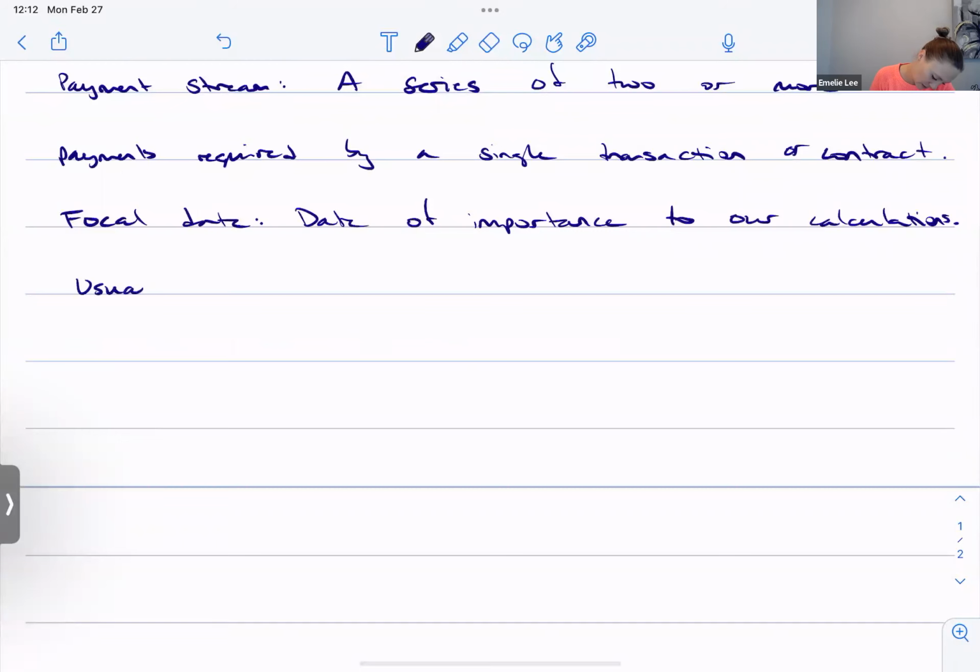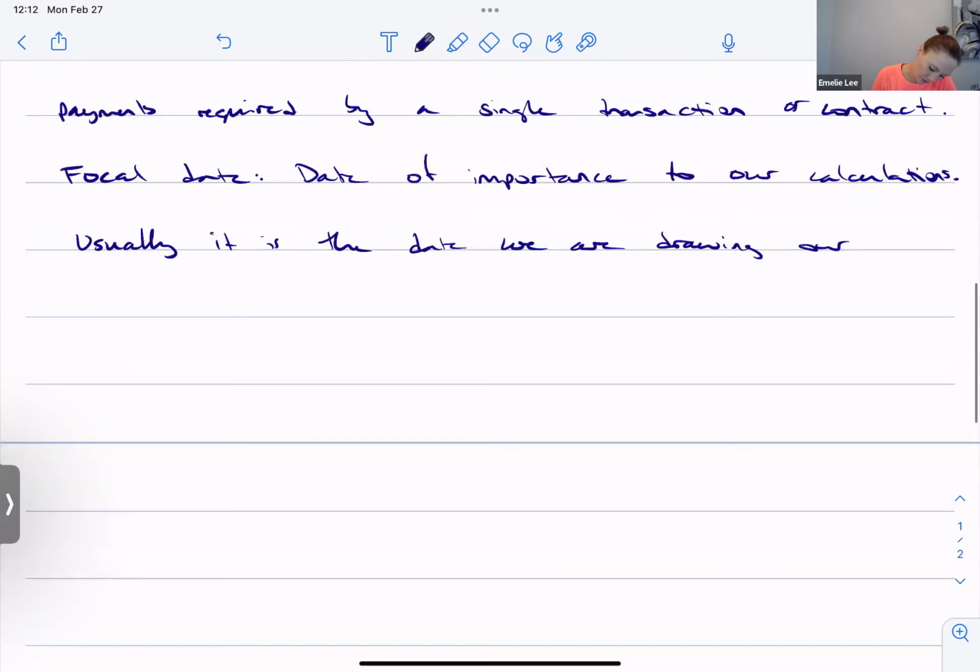Usually, it is the date that we are drawing our money to, right, in terms of a timeline.